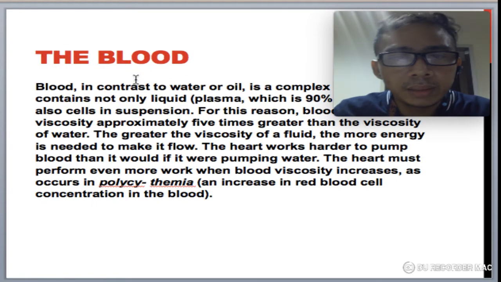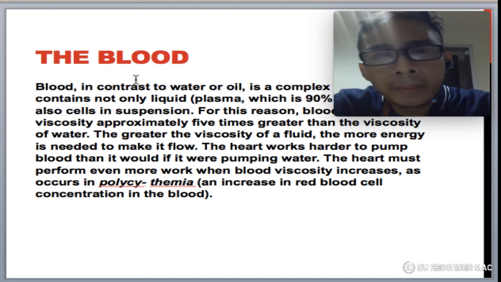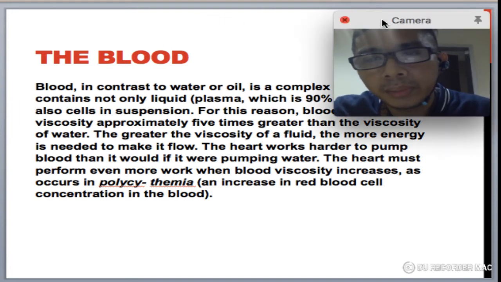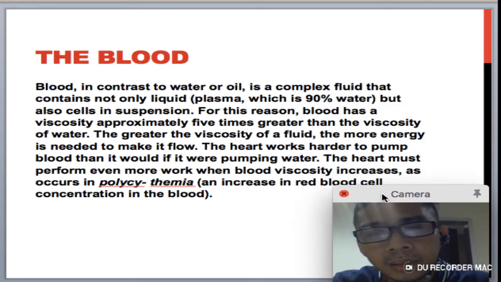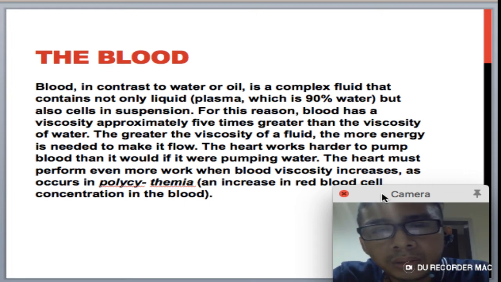So the blood. Blood, in contrast to water or oil, is a complex fluid that contains not only liquid plasma, which is 90% water, but also cells in suspension.